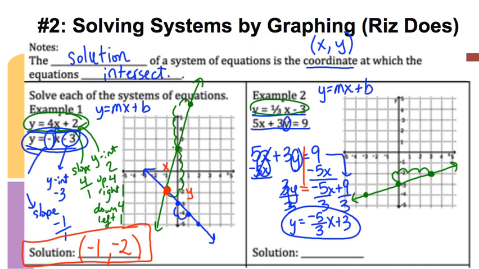And then I'm going to draw this line that I solved right here. My y-intercept is positive 3, and my slope is negative 5 over 3. So I'm going to start at positive 3, go down 5 spaces, 1, 2, 3, 4, 5, and to the right 3 spaces, 1, 2, 3. You'll see they cross right at the same spot.